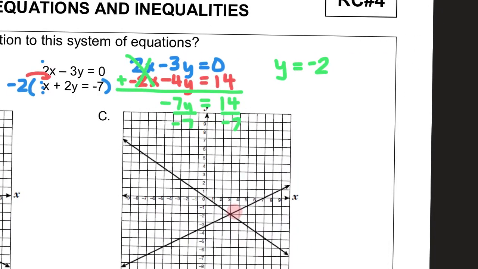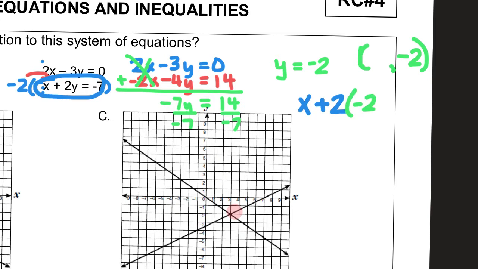Now remember, in a solution, I'm looking for an x, y value in a point. So to find the x value, I'll simply take either equation. I want to take this original one because it would mean one less step. And I substitute my y equals -2 into the equation, and now we'll solve for x.